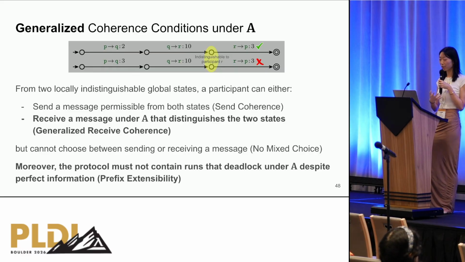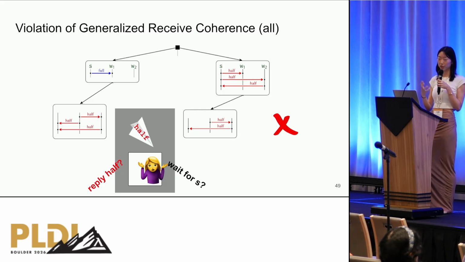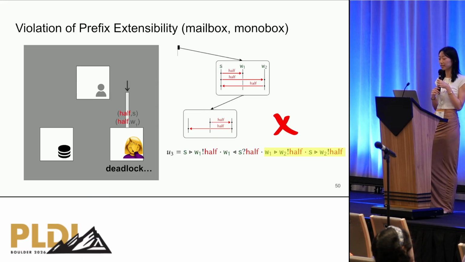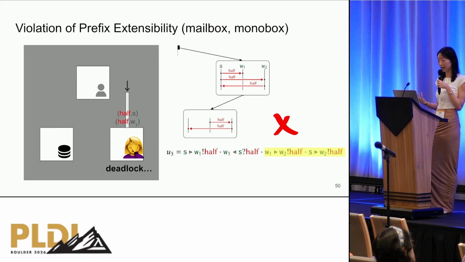So in a setting where participants have perfect information, the protocol is not allowed to contain runs that would nonetheless deadlock. And in fact, we saw violations to each of these two new properties. So the first scenario where worker 2 doesn't know whether to reply or to wait is a violation of receive coherence. And the second scenario in which the system deadlocks in spite of worker 2 knowing exactly what to do is a violation of prefix extensibility.